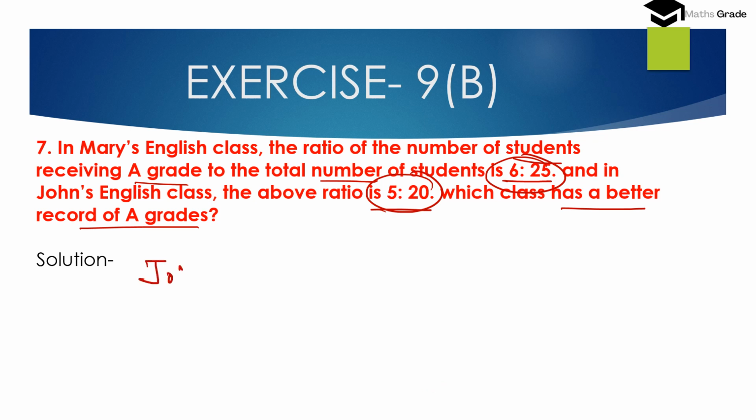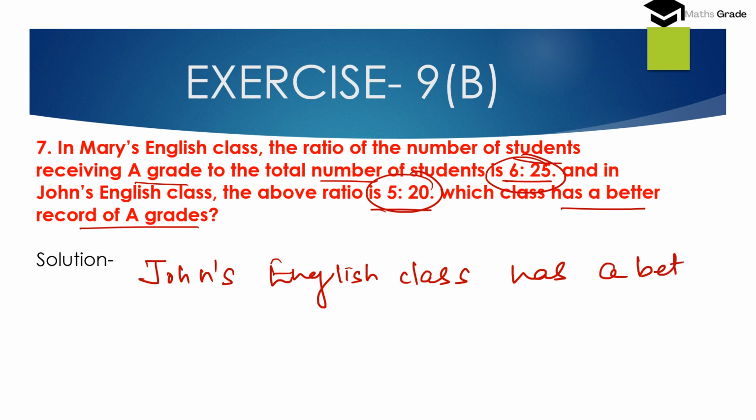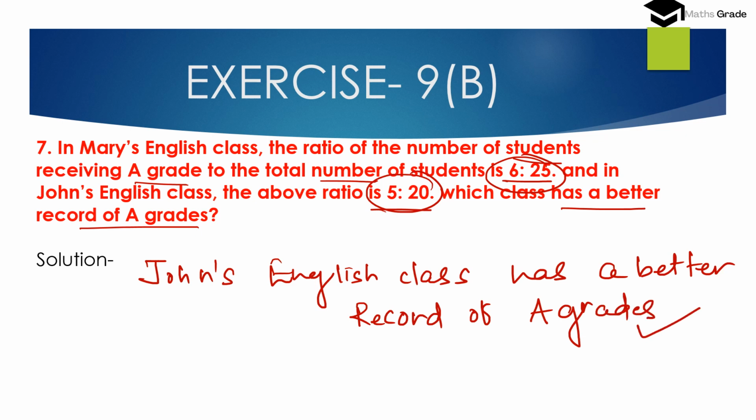So John's English class, that is 5 is to 20, has a better record of A grades.